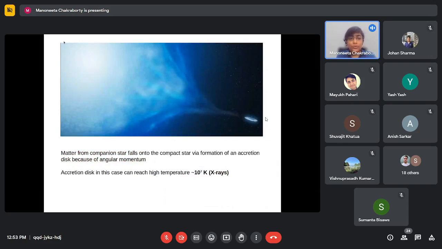Anyway, these binary systems are where the matter from the companion star falls from the star to the neutron star or a black hole through the formation of an accretion disk to conserve angular momentum. And this disk, as I said, is very hot, having a temperature of about 10 to the power 7 K, and emitting significantly in X-rays.